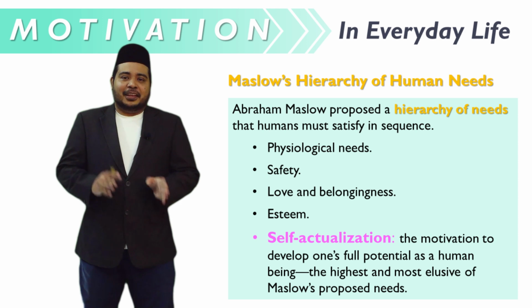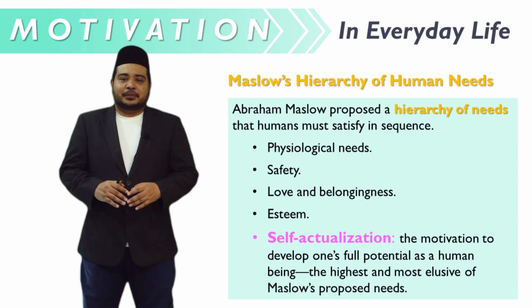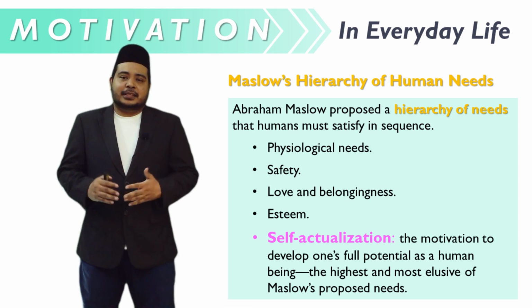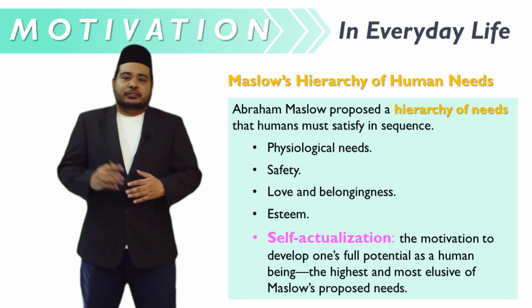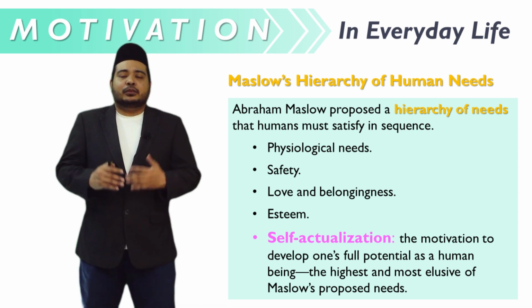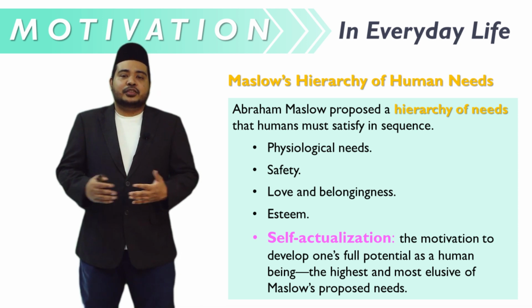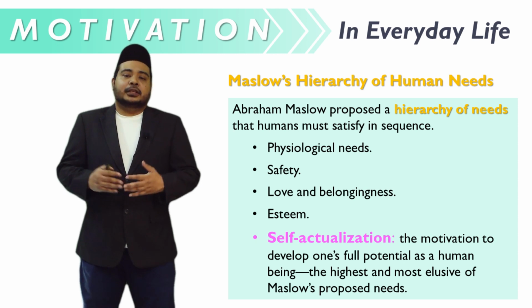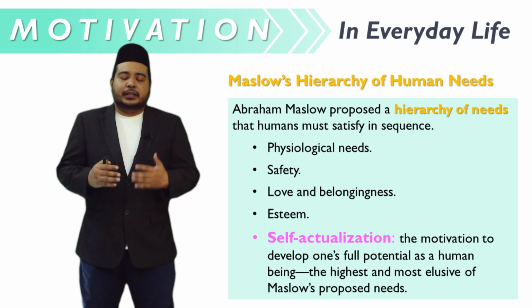Okay, first of all, Maslow's hierarchy of human needs. Abraham Maslow proposed a hierarchy of needs that humans must satisfy in sequence. First, human beings need to fulfill their physiological needs, for example hunger. This is the part that first and foremost everybody needs to fulfill.